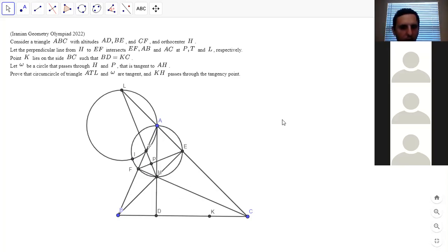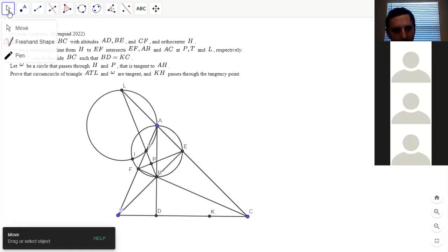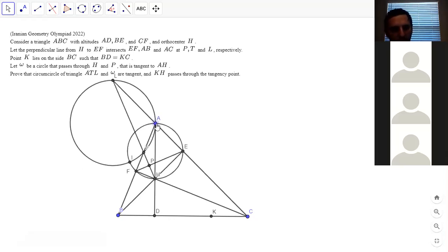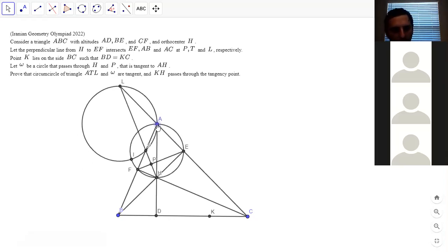So to do that, how do we show the circumcircle of IPH is tangent to AB? Basically, we want to show angle PIH is PHA. So yeah, I wonder if first we could show IH and K are collinear.